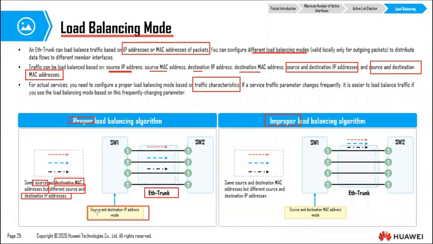So what does that mean? That it's going to be forwarding packets based on the source and the destination IP address. So whatever is changing. We forward packets now based not on the MAC address, because the MAC address is not changing.